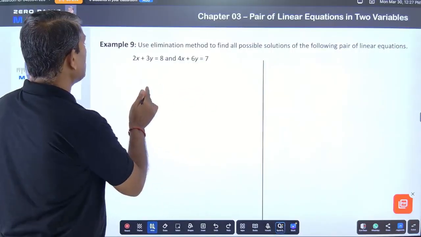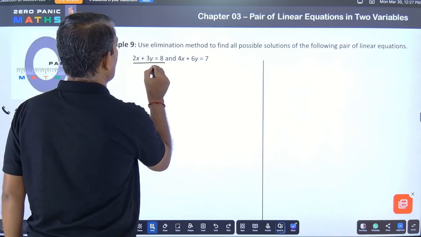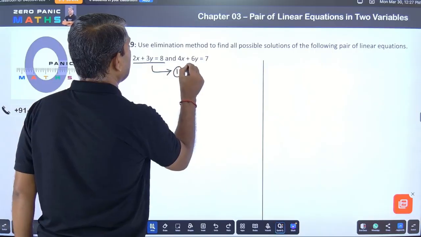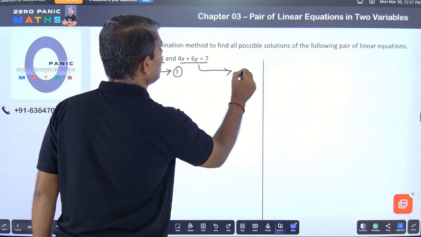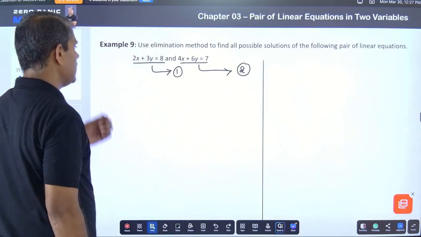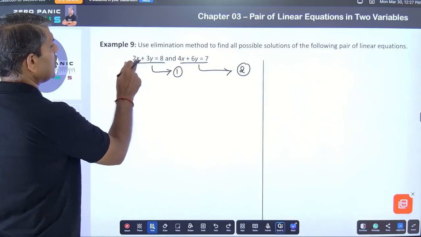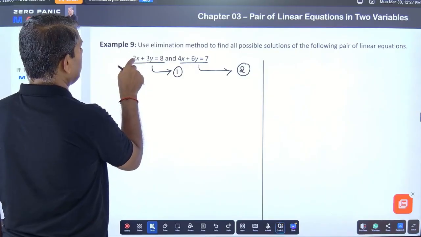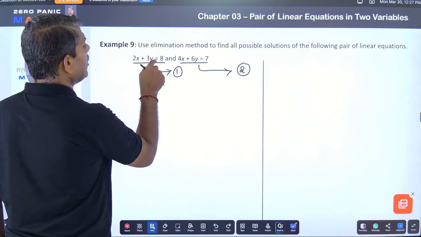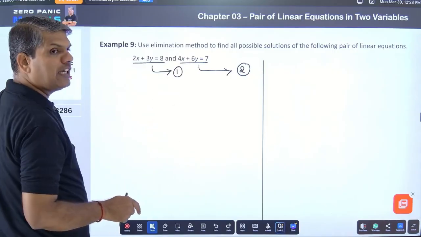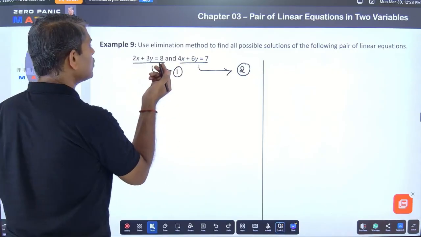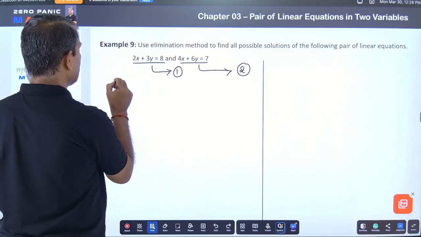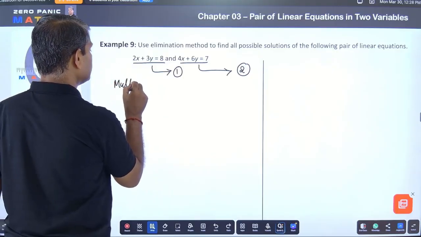By looking at equation 1 and equation 2, what you can observe is, if I multiply equation 1 by 2, that will make the variables x and y become 4x and 6y. Let us do that and see what happens.